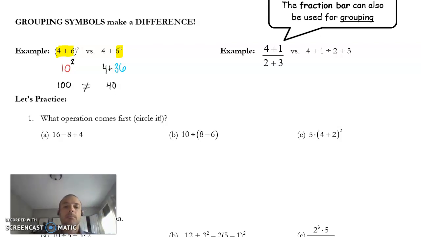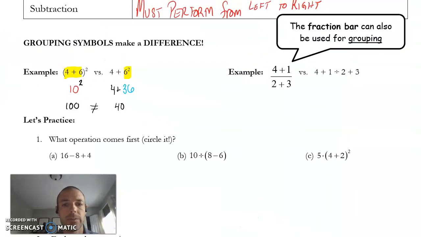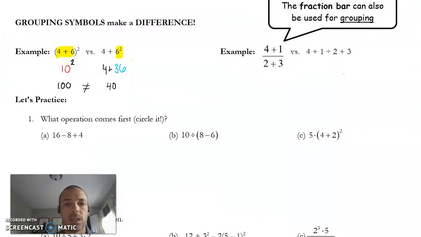All right, next. 4 plus 1 divided by 2 plus 3. That's what it says here. The fraction bar makes a huge difference, though. It's a grouping symbol. When we're looking at this, we have to do 4 plus 1 first. We then have to do 2 plus 3 second.